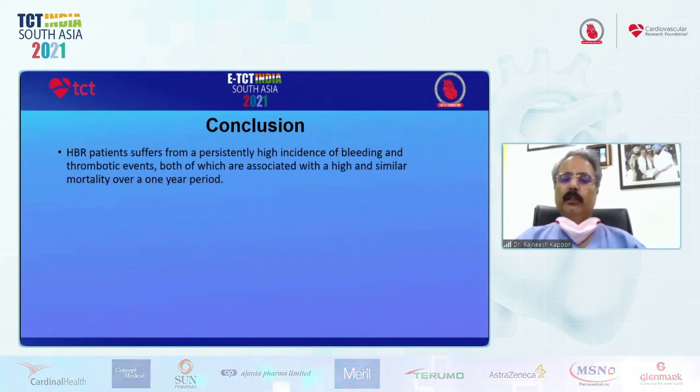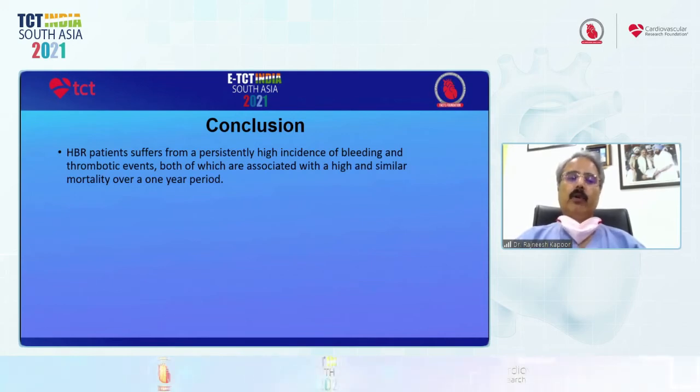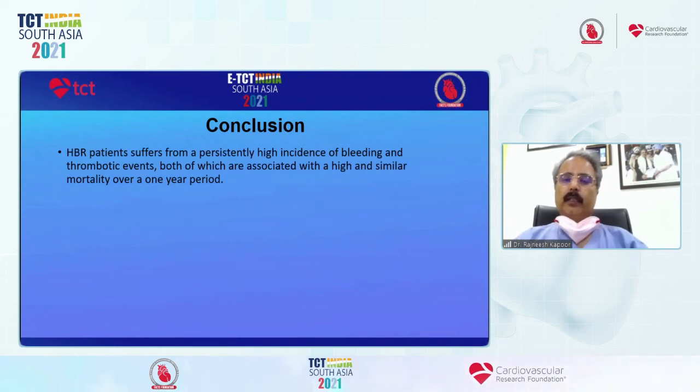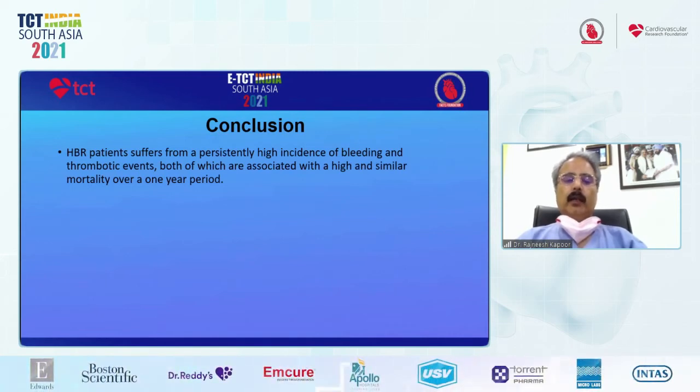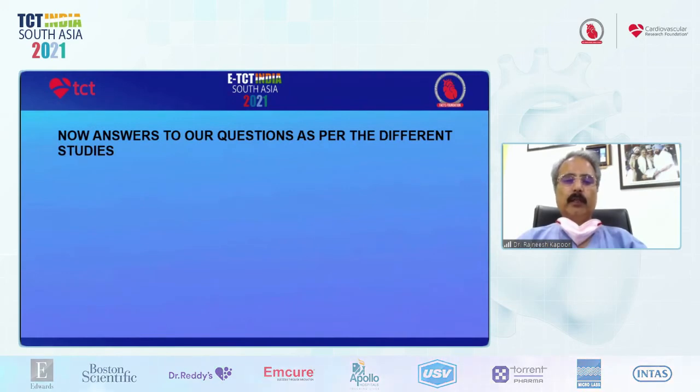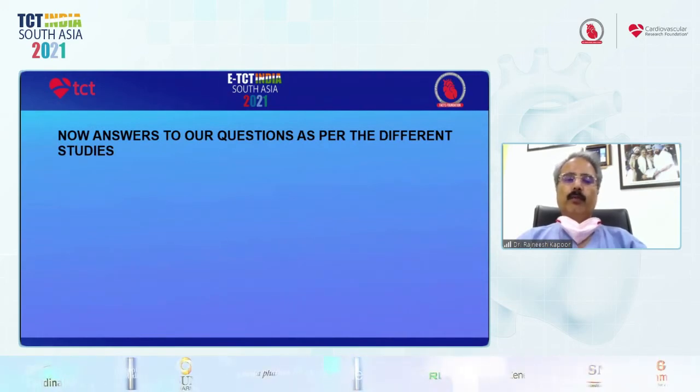So both these things are associated with high mortality over 1 year. Based on this, I think it is quite imperative that we think very meticulously for these subsets in planning our procedures and picking and choosing the stent and the DAPT regime duration. All these things become very meticulous, and we should do it with proper planning.